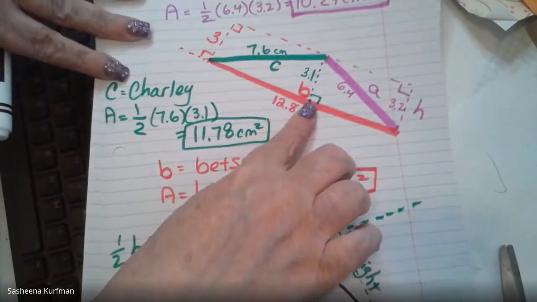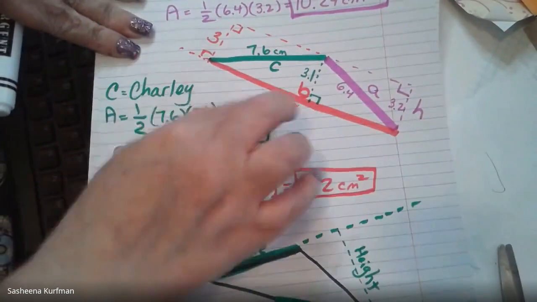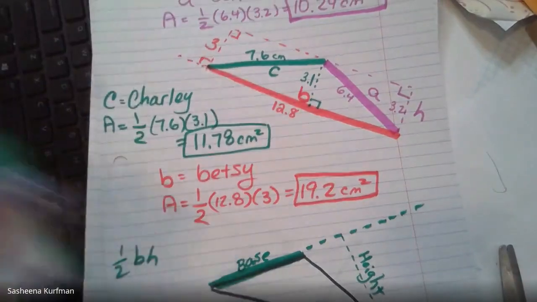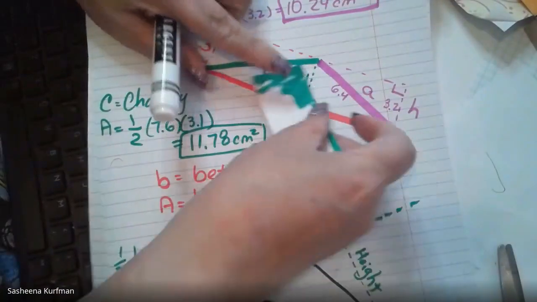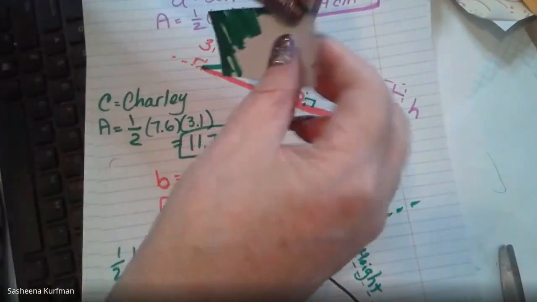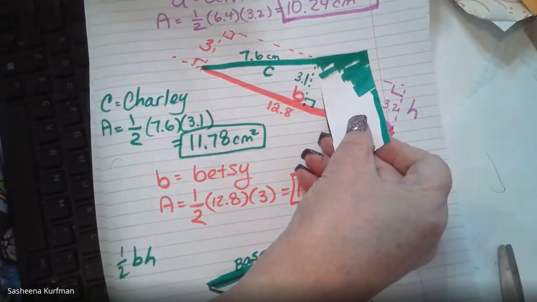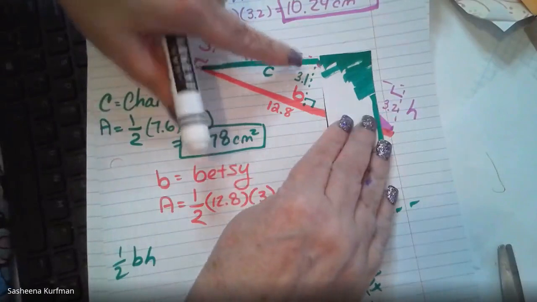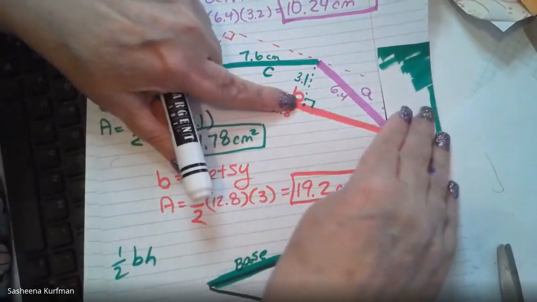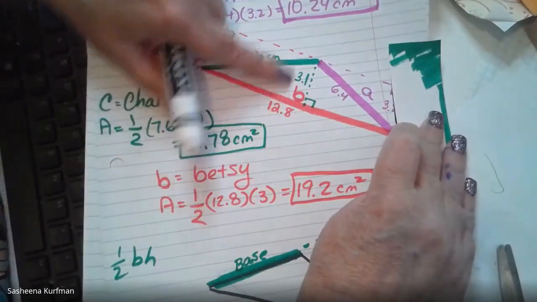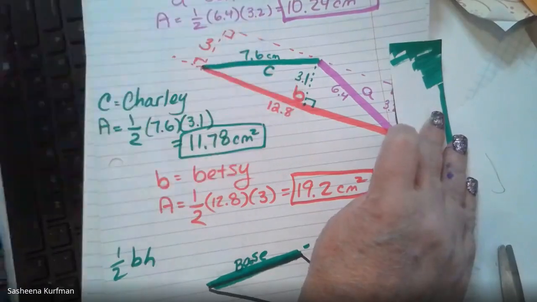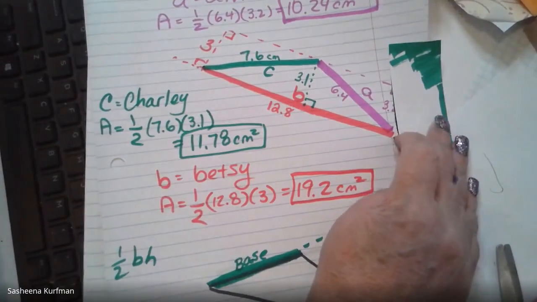It does form a right angle, but not with his base. If it's going to form a right angle with the base, it's going to have to be like this, and it has to go to the opposite vertex. This line does not go to this vertex over here.